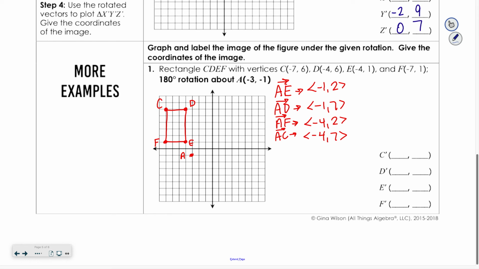Yours may be out of order than mine, but check your stuff and see if I got it right. Okay, now, what do I do with those vectors again? Do the 180 rule. And what's the 180 rule? You switch both the signs. So negative x, negative y, right?